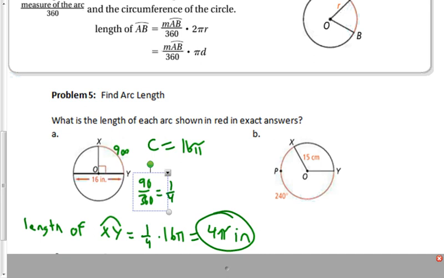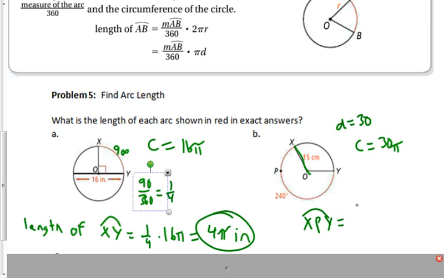All right. B, we do not have the measure of the diameter, but we have a measure of a radius. So the diameter is 30, so the circumference would be 30 pi. Now to find the length of the arc, we're doing the major arc here.